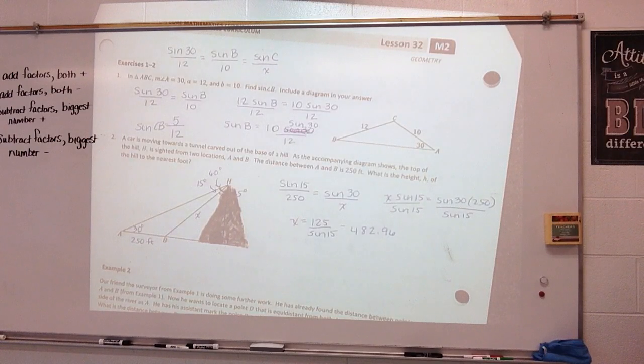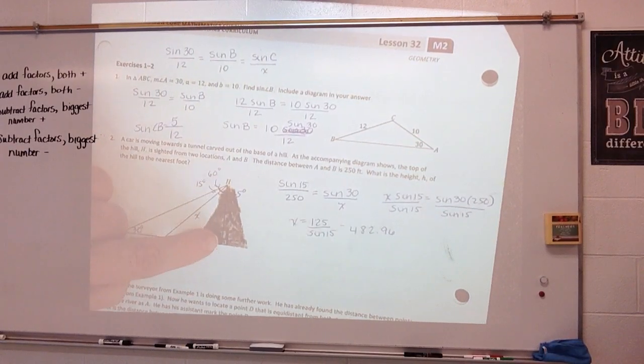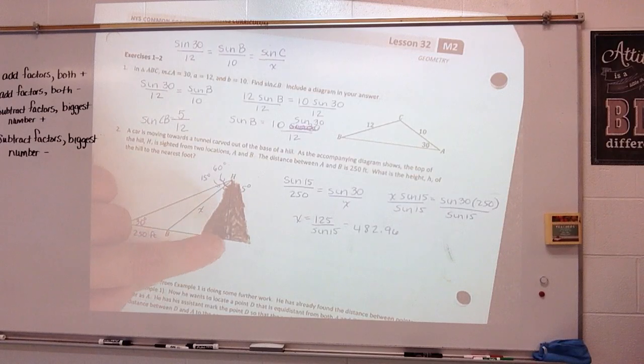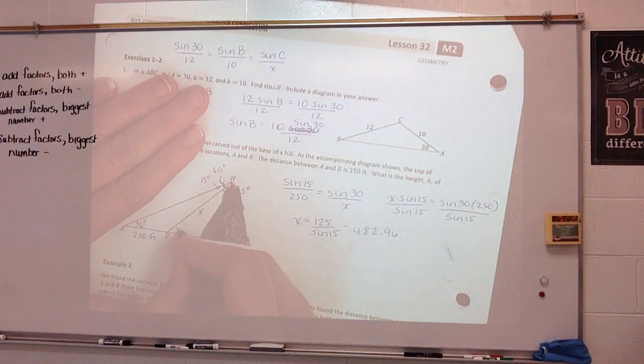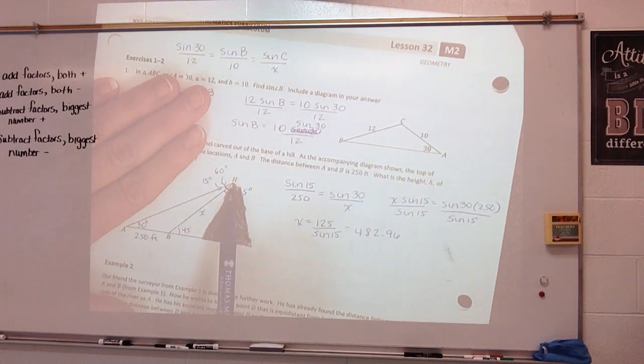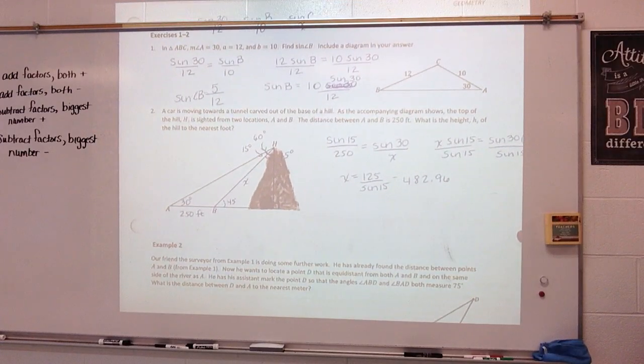Now, BH is the hypotenuse of this triangle. Now if this is 45, that means this must be 45 because this is a 45, 45, 90 triangle. If you remember, a 45, 45, 90 triangle has side lengths of 1, 1, and the square root of 2. So I can set up a ratio here.